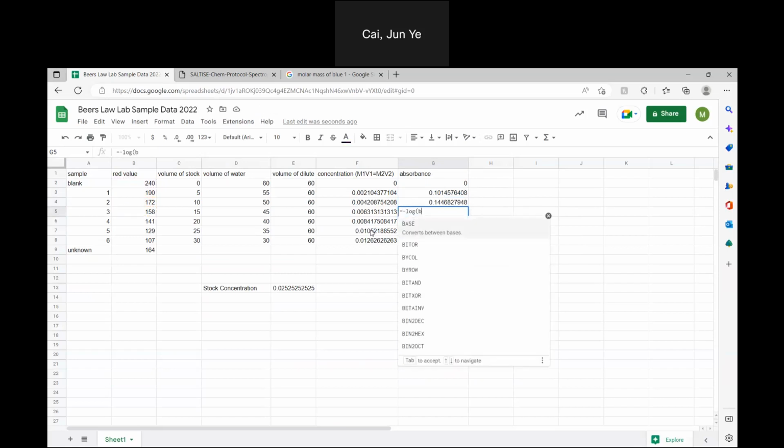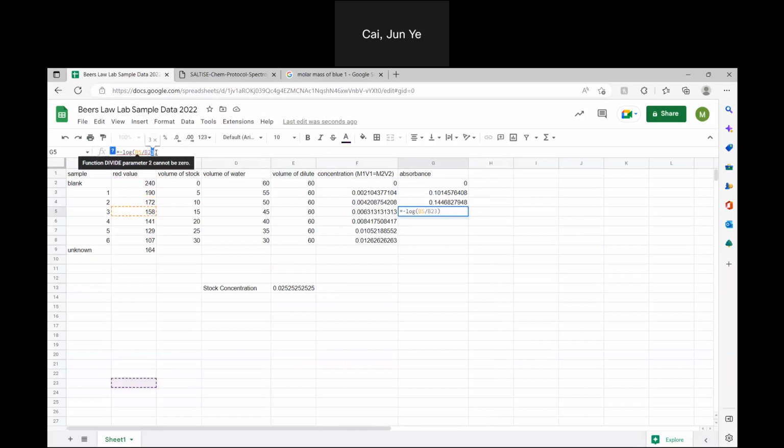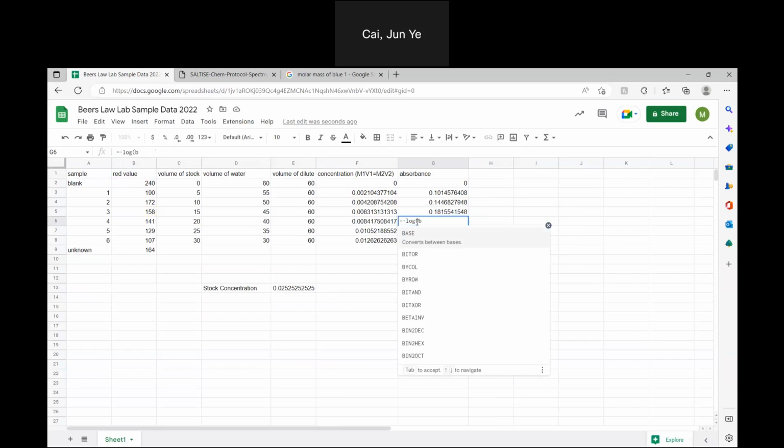Then B5, that reading, divided by the blank. Typo there, that should be our reading. Then B6 divided by B2, and again B7 divided by B2.